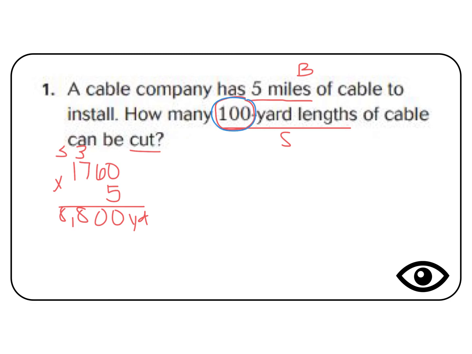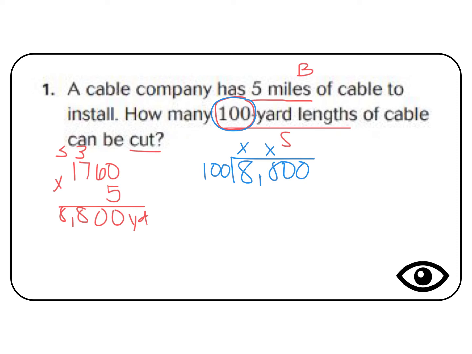but that's not our answer because remember we have multi-step problems, and that's where this 100 is going to come into play. Of my 8,800, I need to know how many groups of 100 can be cut. So that would be 8,800 divided by 100. So let's see, it can't go into 8 and it can't go into 88, so it has to go into 880.